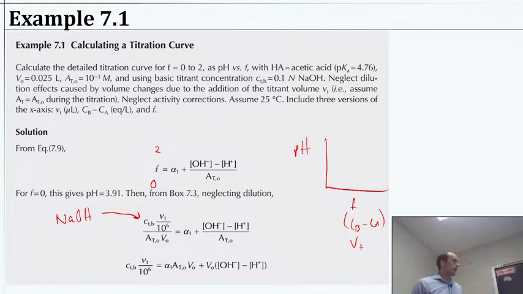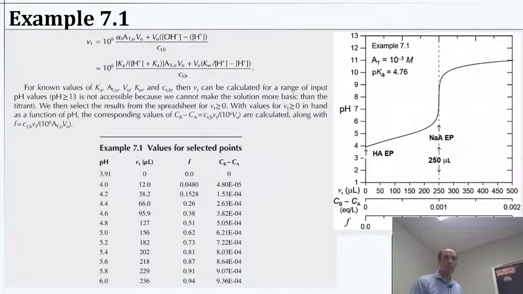Okay, it goes on, calculates that, or essentially getting the H term by itself is I think what we're after. So doing some simplification, or getting rather V, the volume of the titrant, as a function of H plus. So we see here, at this point we can insert the Ka over H plus for our alpha fraction here, plus Ka times that At.